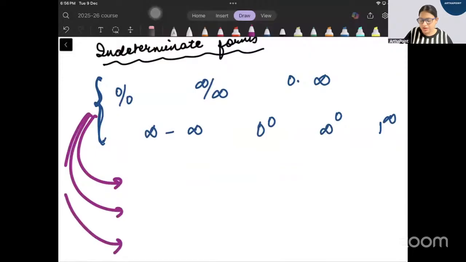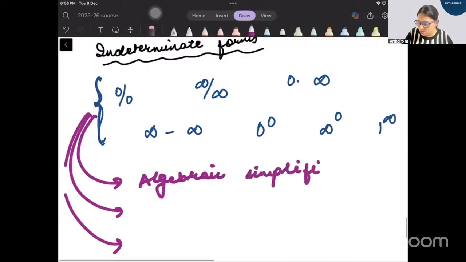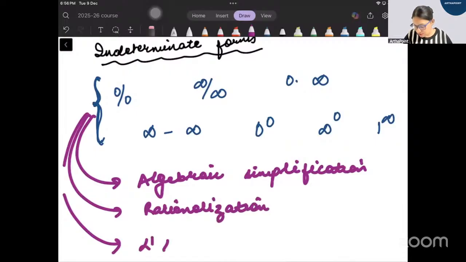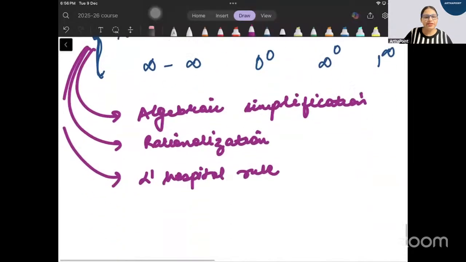So you can apply algebraic simplification. You can apply rationalization. And you can apply L'Hopital rule.